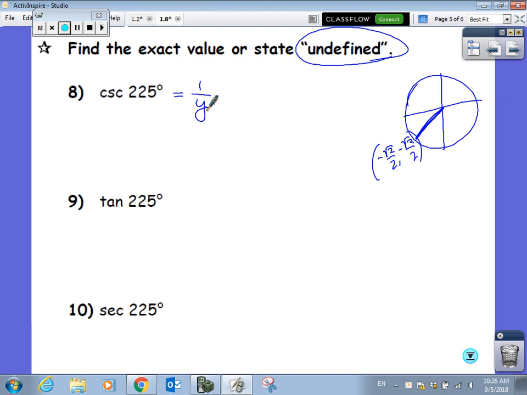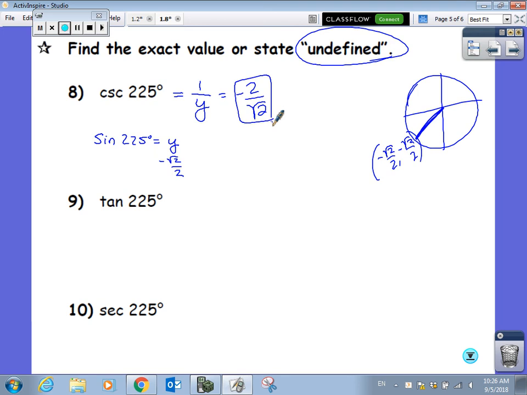So if I said what's sine of 225, that's going to be the y value, which is negative root 2 over 2. If I want the reciprocal of that, all I have to do is look at that y value and flip it: negative 2 over root 2. That's all I have to do. I could say negative 2 over root 2, and there's your answer.